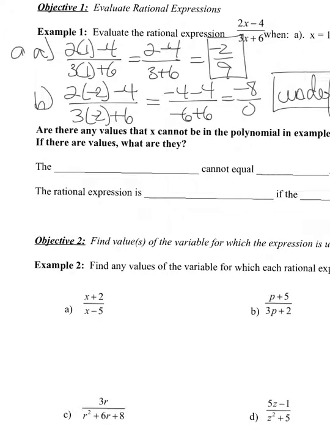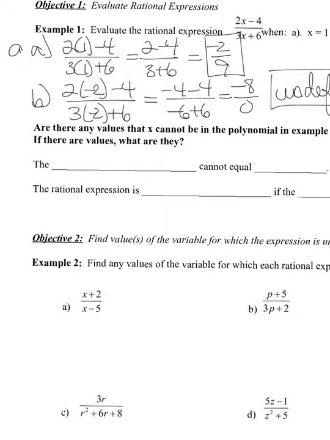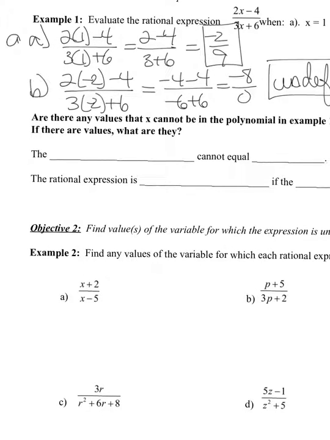And the question is, are there any values that x cannot be in the polynomial in example 1? So what we have to be careful of is that the denominator, the bottom of our fraction, cannot equal 0. It's fine if the top equals 0, but the denominator can't be 0 because we can't divide by 0.